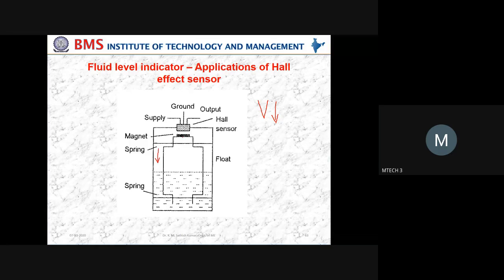The flux density picked up by the sensor is larger, and hence the value of voltage is going to be more.